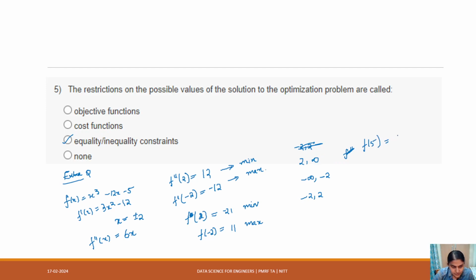f double dash of 5 will be 30, which is greater than 0, which points to a minimum value.